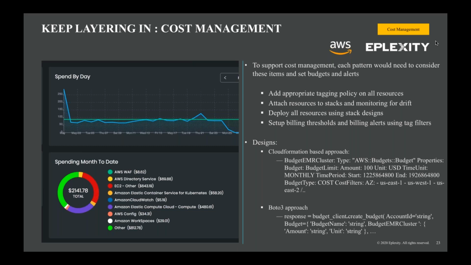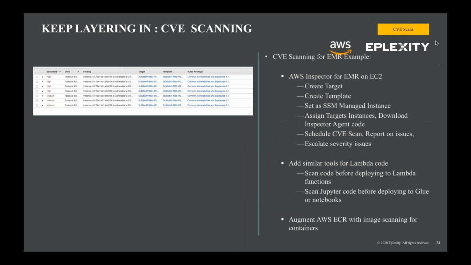In this particular case, my spend to date is $2,000, and this application might be well within its threshold, but another application could be well over. So we do not have to look at billing at a top tier at the account level. Now we can get down into billing and alerting at the very granular pattern level. So billing becomes an element of that pattern.